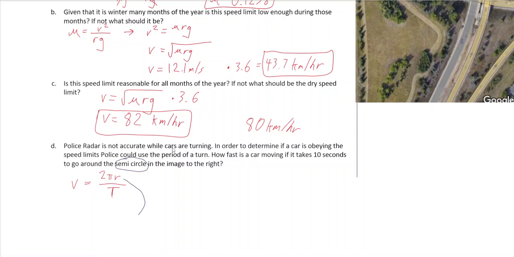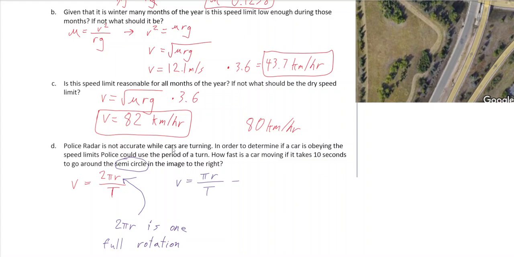Now, normally this is 2 pi r, because 2 pi r is one full rotation, which means one period, right? But instead, we're going to just do half of a circle. So it's just going to be v equals pi r over t.